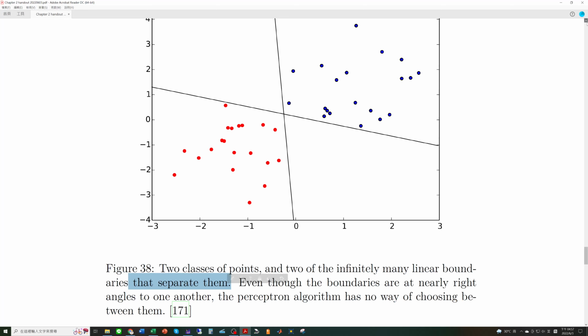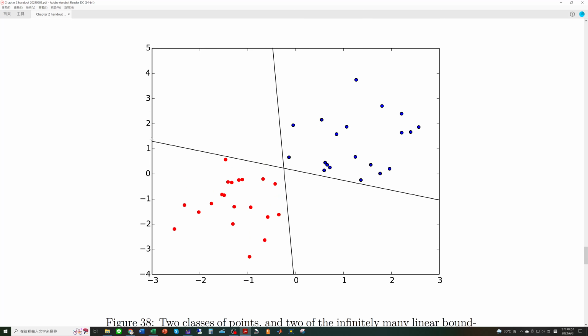You can see that there is a boundary here and a boundary here, which separate red points and blue points.